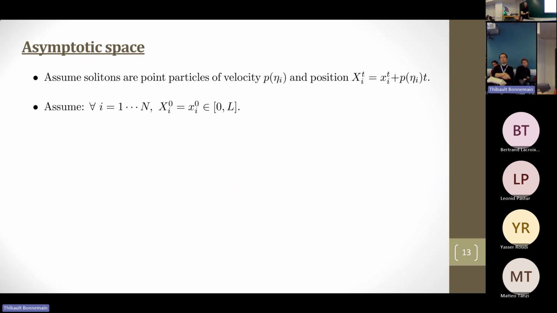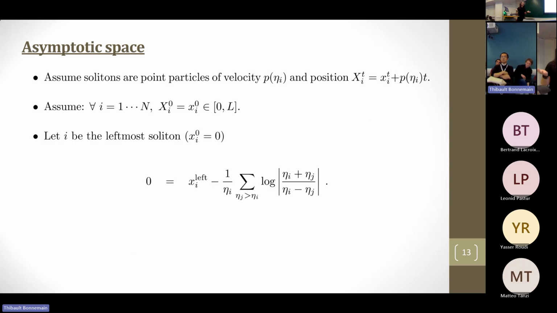And given that, I can pick one of the solitons, let's assume that this soliton is the leftmost at t equals 0. So the idea here is to find a condition on the impact parameter so that all the solitons are initially in between 0 and L. So I take a soliton, I assume that at t equals 0, it is the leftmost.